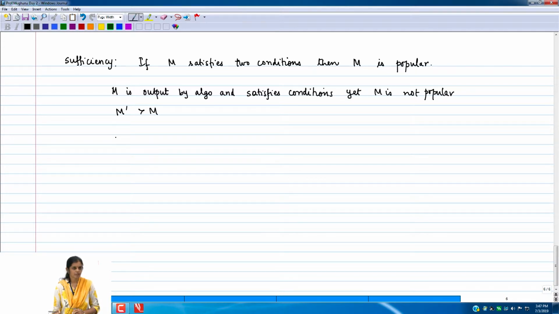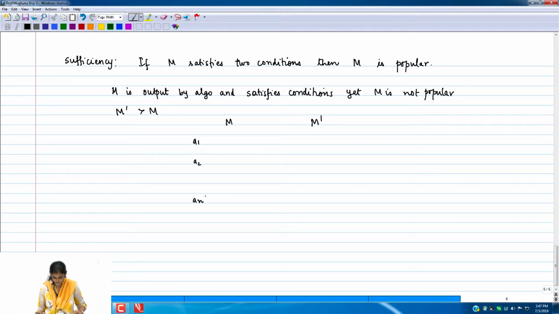So what do we know when we did this comparison of M versus M prime in terms of these applicants, A1, A2 up to AN, there were n applicants? What do we know when we constructed this voting table, if M prime is more popular than M? The number of votes that M prime got is more than the number of votes that M got, right? That is why it is more popular.